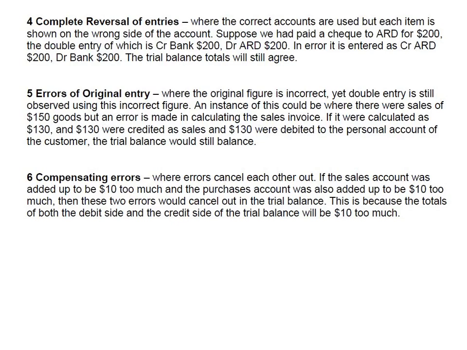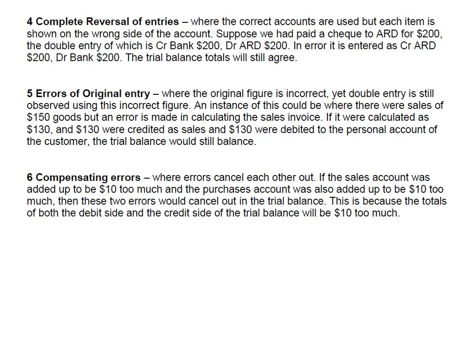If the error is made on one side, meaning on one side we are using 100 and on the other side we are using 1000, this is not classified as error of original entry, because that entry would break the double entry.